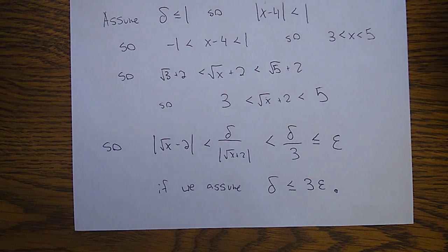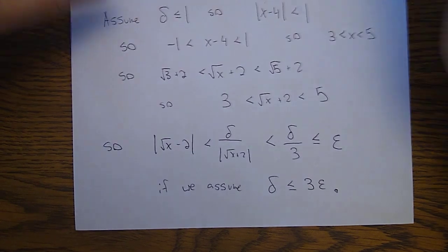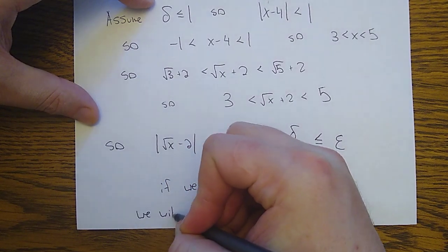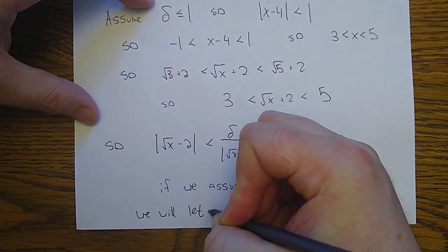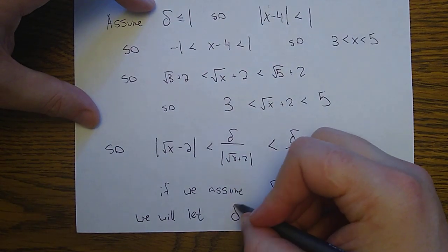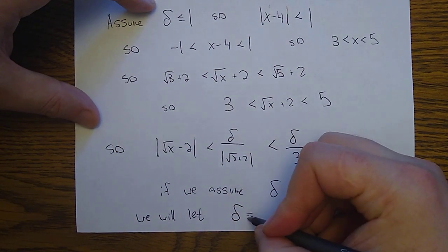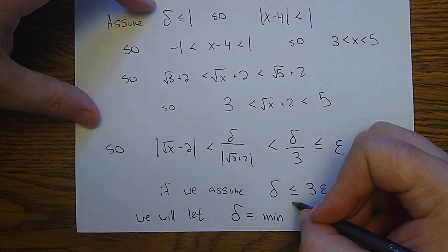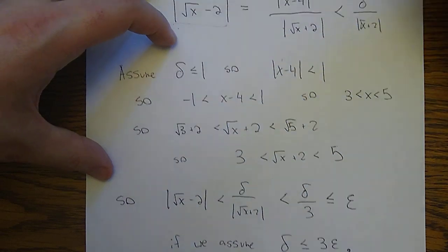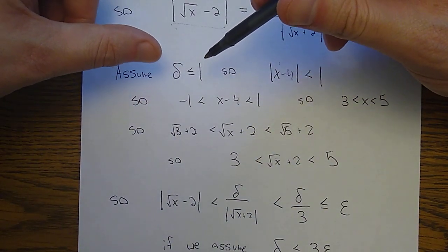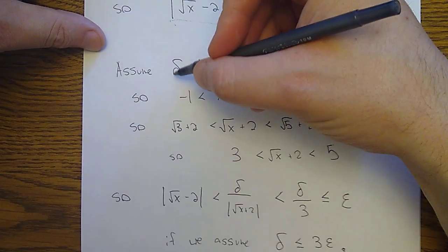Okay, so let's do the real proof, and before I do it, let me draw a proper conclusion from the scratch work. I'm going to let delta be the min, and we've done this a few times. When I was doing this, I found myself assuming 2 things about delta.